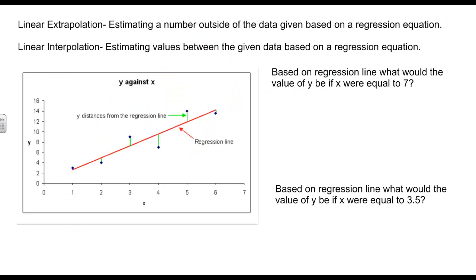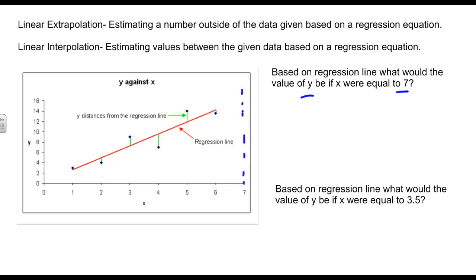So once again, if we ask, based on the regression line that we have in this picture, what would be the y value if the x value were equal to 7? Well, here's an x value of 7. Now you'll notice there is no line here.